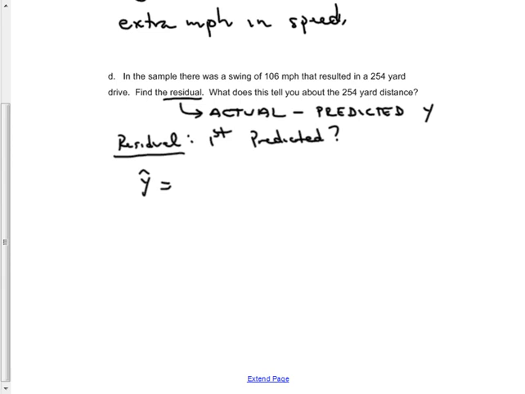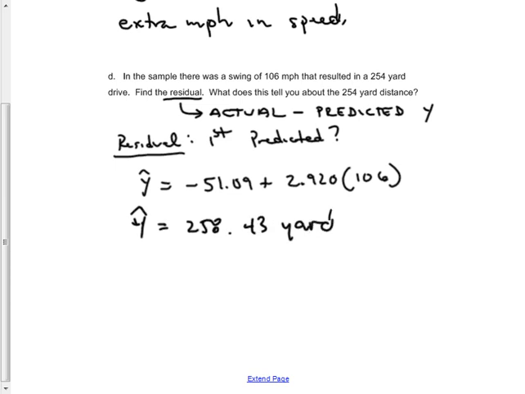All right, so we're going to take our regression equation, throw in the 106 as our x value, and again, go to the calculator to type this out. I'm getting my predicted y to equal 258.43 yards. And you always want to include the unit on your predicted.